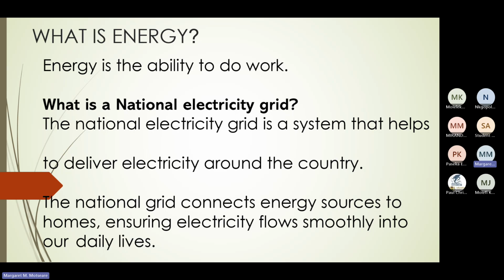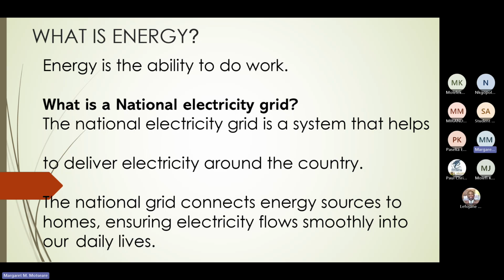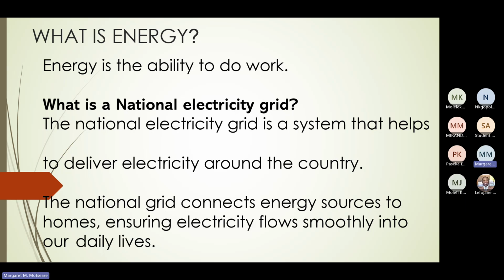And also the industries need electricity in order to perform certain duties at the industry. The national grid connects energy sources to our homes, ensuring electricity flows smoothly into our daily lives. So that is the function of the national electricity grid.